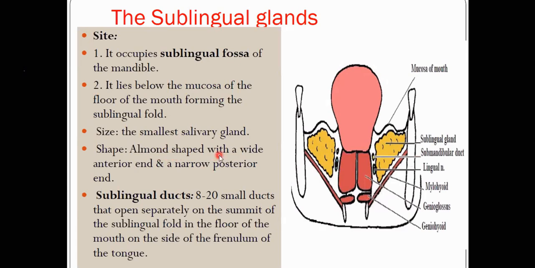It is almond shaped, with 8 to 20 small ducts that open directly into the floor of the mouth on the lateral side of the frenulum. So remember, it is small, lying in the floor on the lateral side of the tongue, and opens by 8 to 20 small ducts.